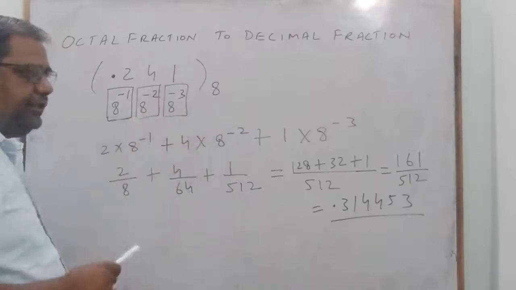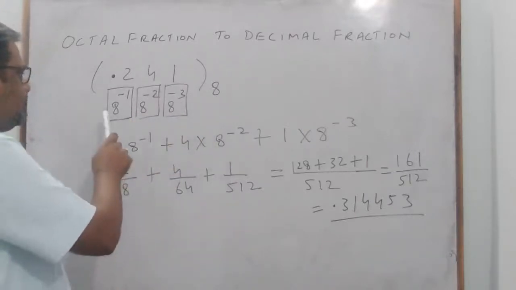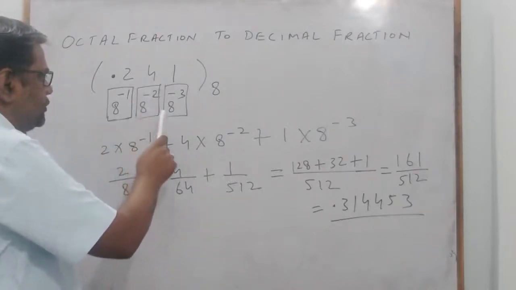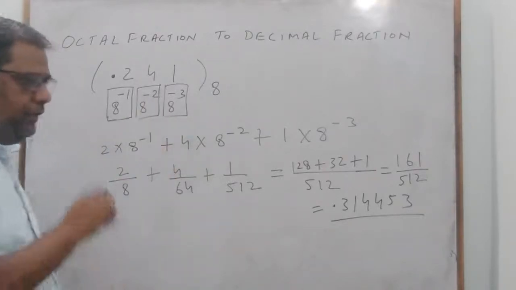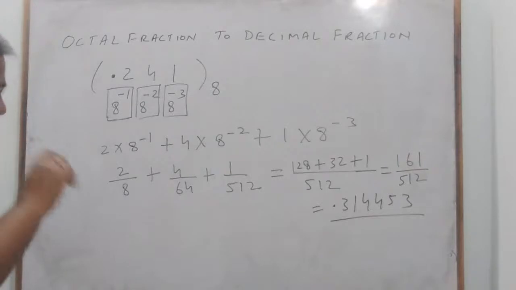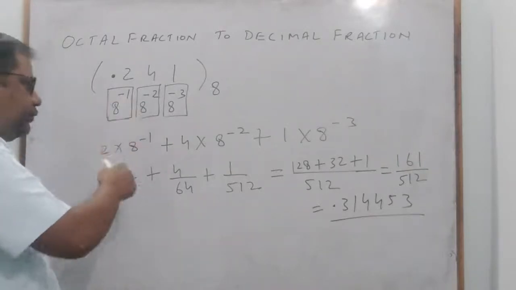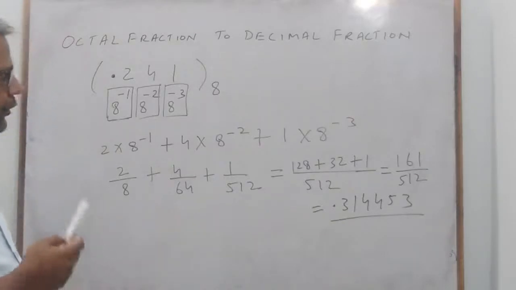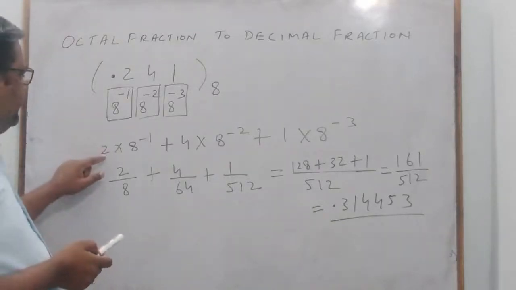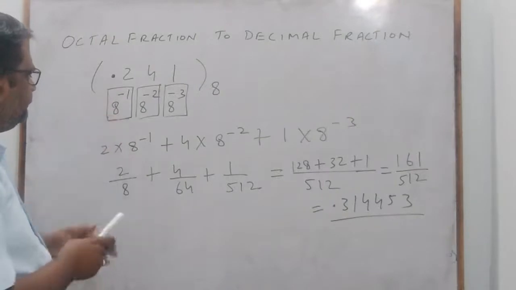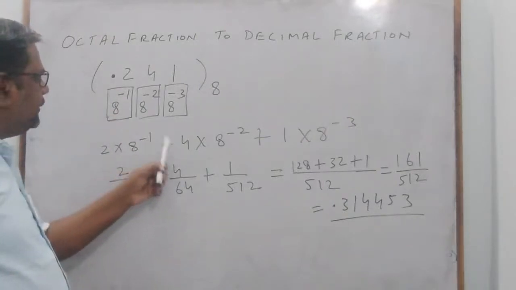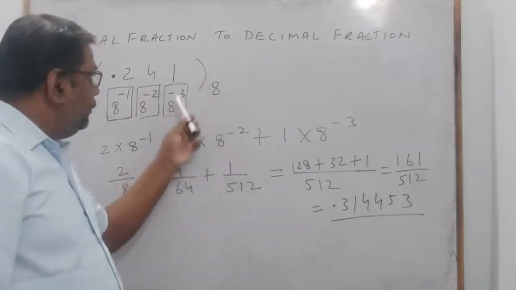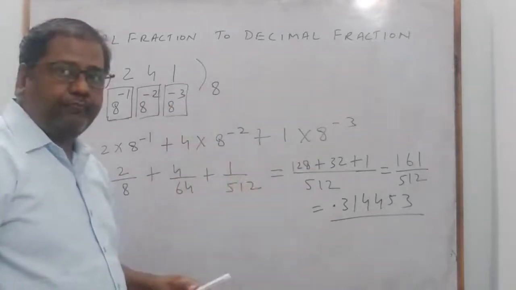Since we are working in base 8, you will consider 8 to the power -1, 8 to the power -2 and 8 to the power -3. Now you have to multiply and add them up. So that means 2 into 8 to the power -1 plus 4 into 8 to the power -2 plus 1 into 8 to the power -3.